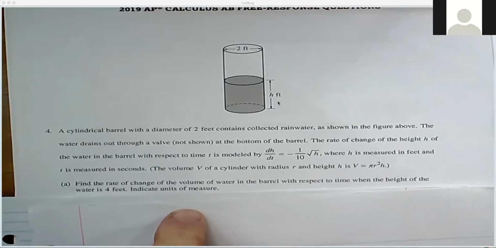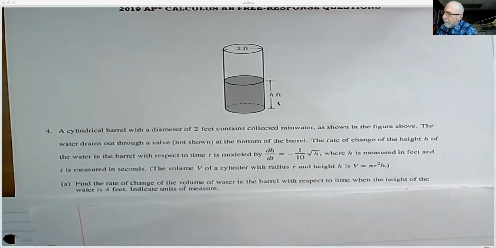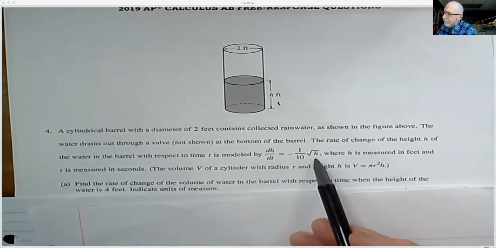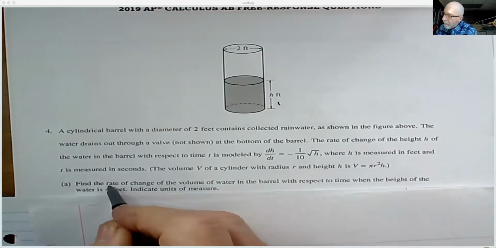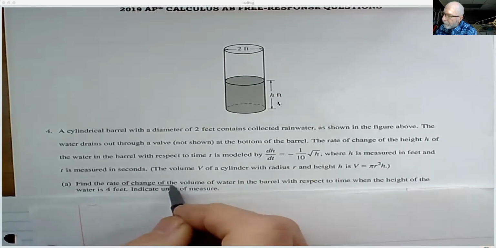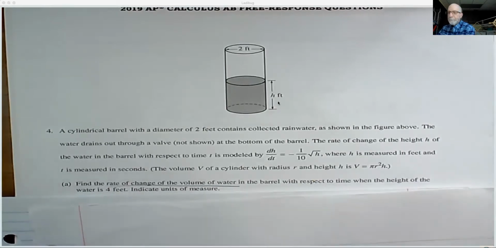What are we going to take the derivative of? I think you would take the derivative of the dh over dt. Okay, that would give me the second derivative, correct? And it says, find the rate of change of the volume of the water.